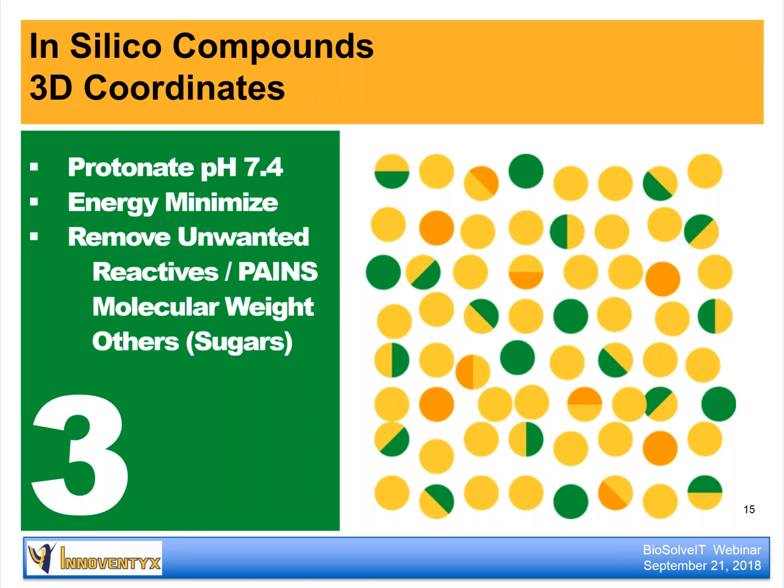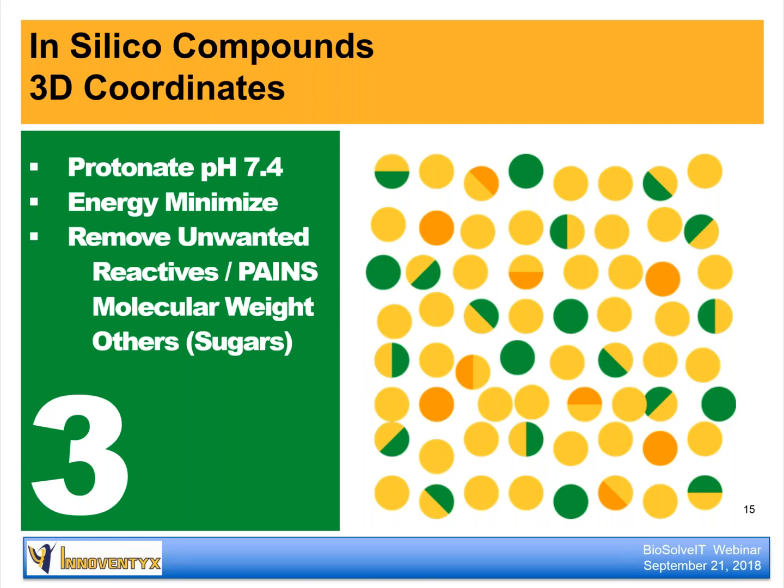Eventually, they're going to go into an in vivo system. So it's highly recommended that you protonate all the chemicals that you're considering at a physiological pH of 7.4. You energy minimize the compounds to get the 3D coordinates.